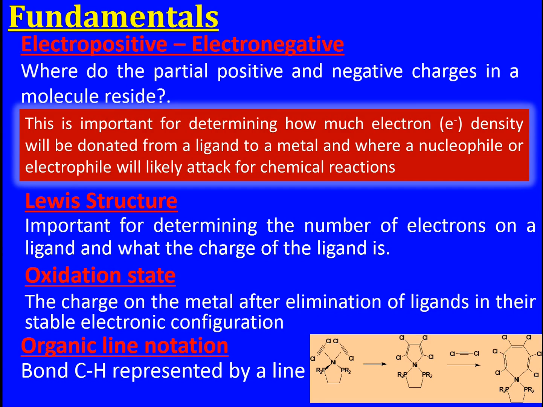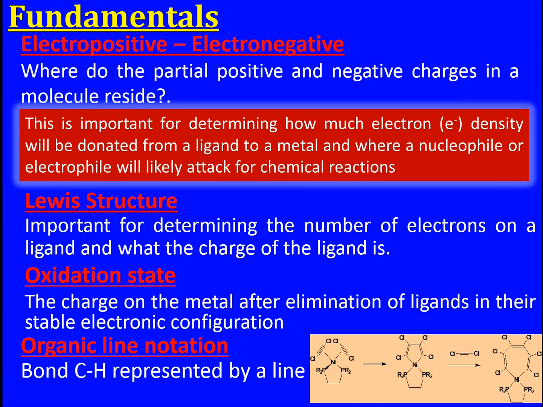Why? Because we have a lone pair. So in this example, acetonitrile is neutral and is a 2 electron donor, and we don't have a problem finding the site of donation because we have the lone pair on N.